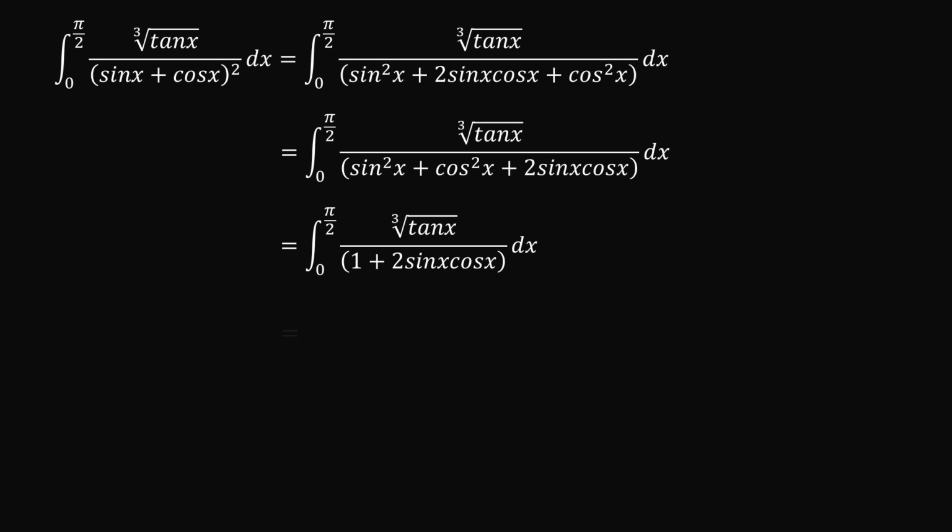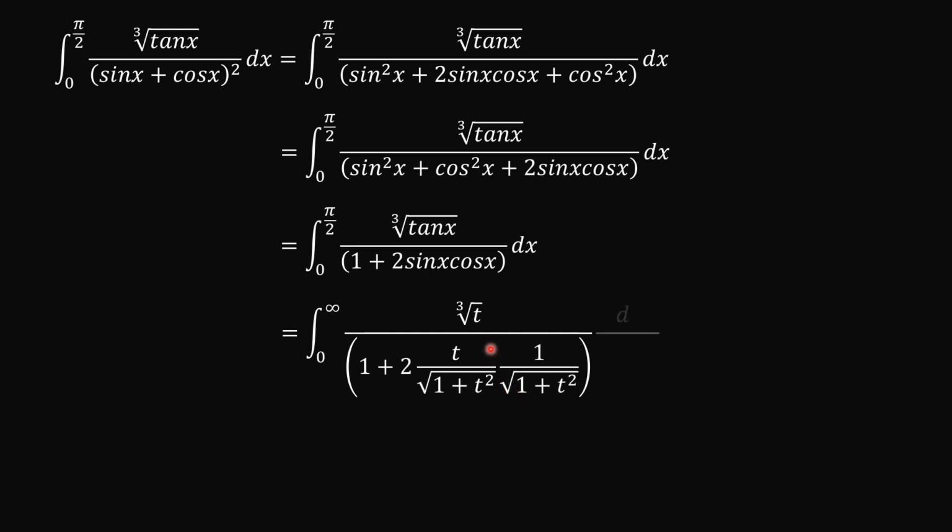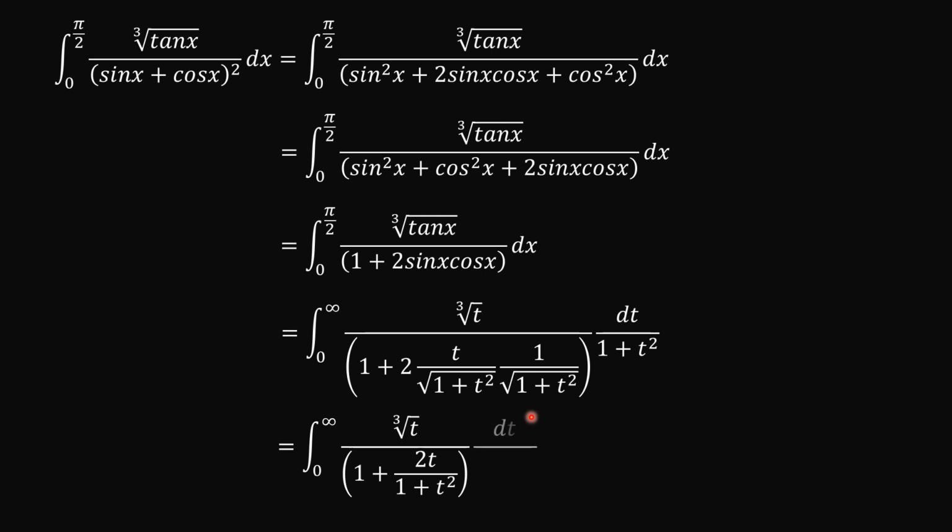Now we can go further and substitute for those. In the numerator we have cube root of t, and where we have sine x, it's t over the square root of 1 plus t squared, and where we have cos x it's 1 over the square root of 1 plus t squared, and where we have dx it's dt over 1 plus t squared. Now multiplying these together, we get the denominator being 1 plus 2t over 1 plus t squared.